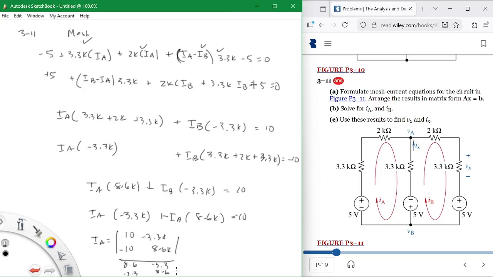So let's do it again. 10 times 8600 minus 10 times 3300 is equal to 53,000.